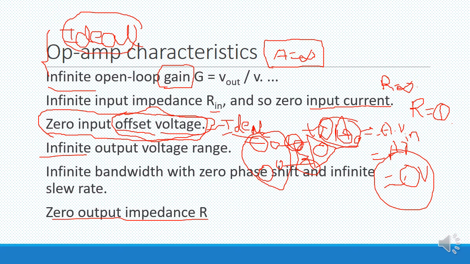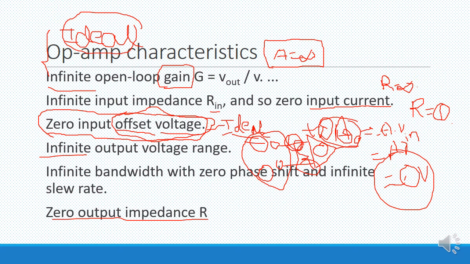These are your ideal op-amp characteristics. In the same way, if you compare the practical or normal op-amp characteristics, then we say that gain is high, input impedance is high, low input current, low offset voltage, high voltage range, high bandwidth, and low output resistance.